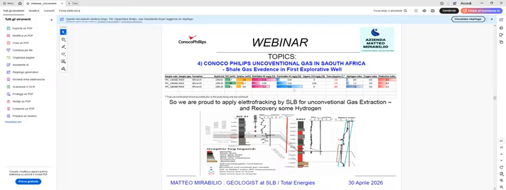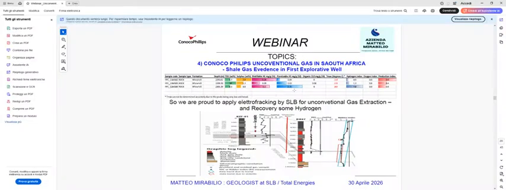and so in this case we are really proving the application of the new technology developed by Schlumberger that is called electrofracking. The electrofracking is applied for the first time in this case for microfracture control, and permitted a very successful application for the extraction of both shale gas and hydrogen.